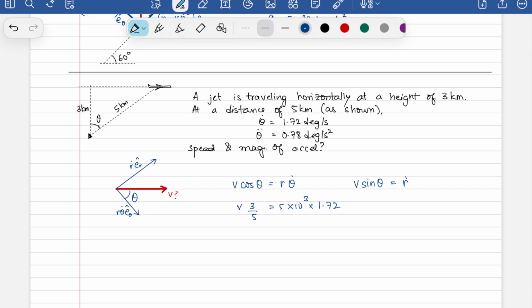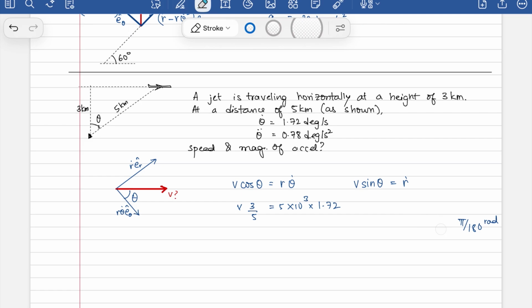How do you convert degrees per second to radians per second? Try to recall, don't do a Google search. Essentially, 180 degrees is pi, right? So 1 degree would be pi over 180. So this here is how 1 degree would be converted into radians.